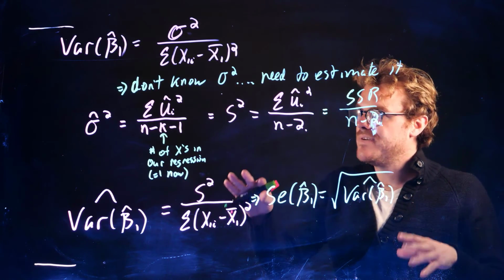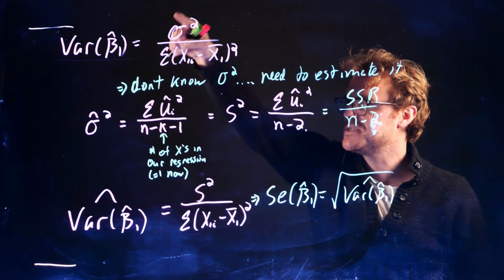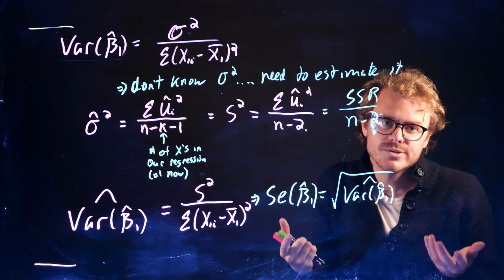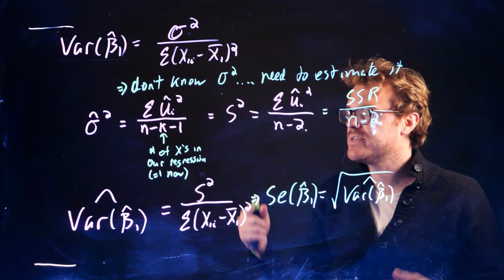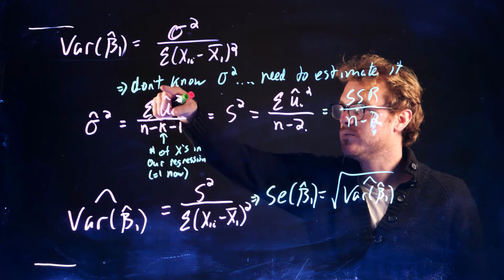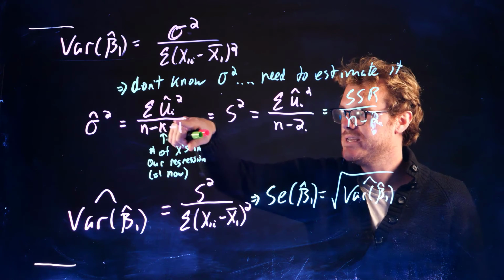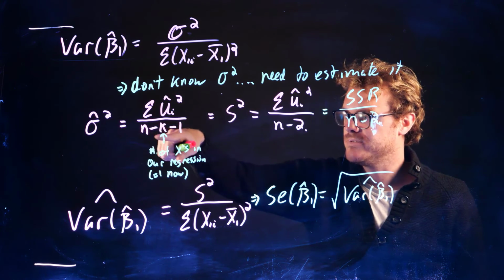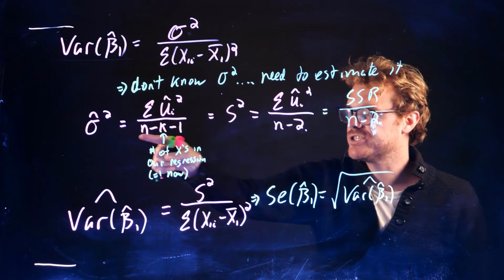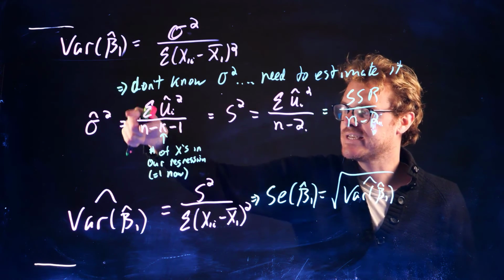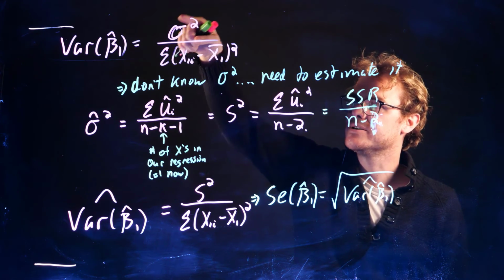Okay, so that's the variance theoretically. We don't know what sigma squared is, so we estimate it. How do we estimate it? We use our residuals, which is a natural way of estimating it. We sum up all of our squared residuals. The denominator here is sometimes called a degrees of freedom correction, in that we're trying to make sure this is a consistent estimator of the actual sigma squared.